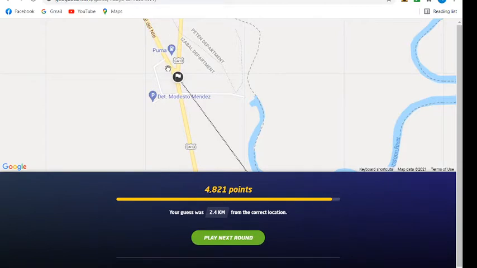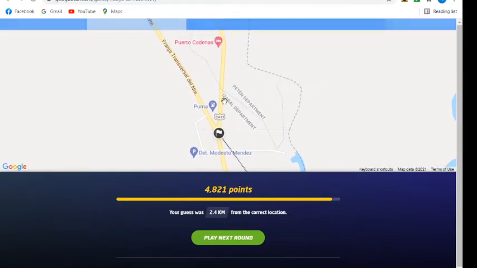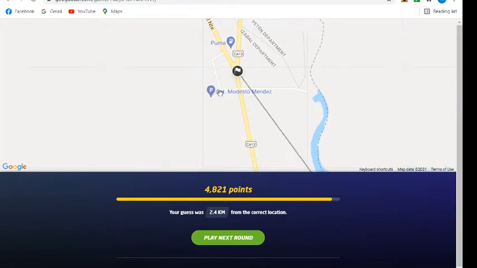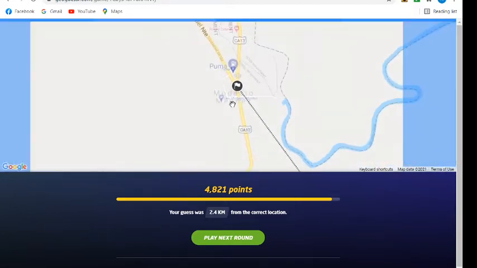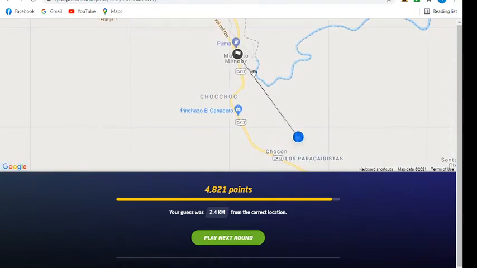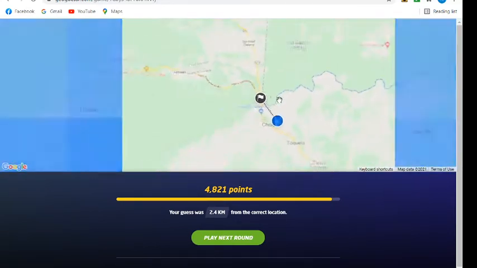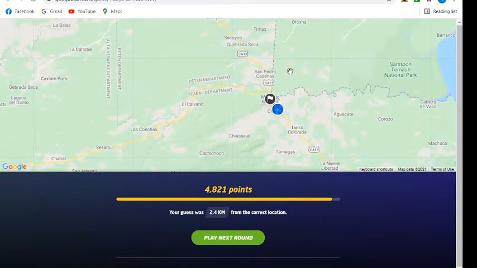So there was the crossroads, remember there was the gas station there. Okay. So no idea what the checkpoint or military facility is specifically for, but yeah, it was Izabal on the side that was the department name.